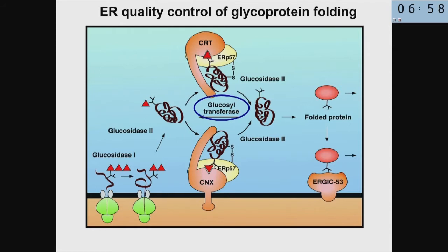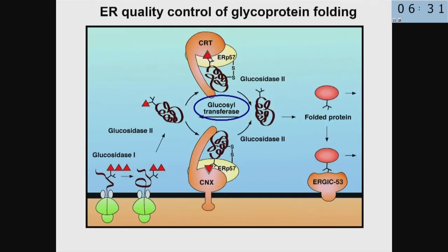And also, these lectins are associated with ERp57, which is a PDI family member. And then glucosidase 2 removes the last glucose, and so if the glycoprotein is already folded, it goes to the Golgi.